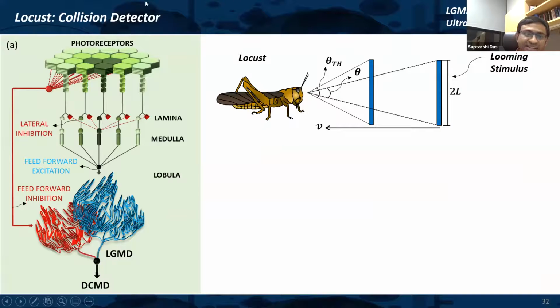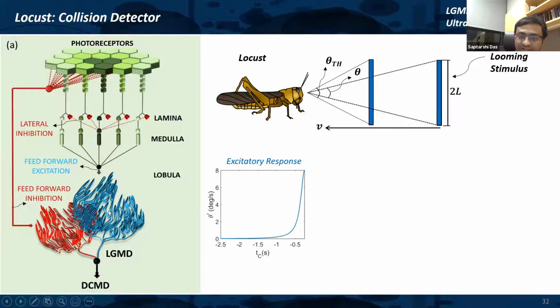Now, you can see that the locust has a neural network, which is very unique. It has two dendritic branches. So what it does, it takes the angular velocity of the moving object, which is the theta prime, and creates an excitatory response in one of the dendritic branches through a feed-forward neural network that exists from the photoreceptors in the eye of the locust.